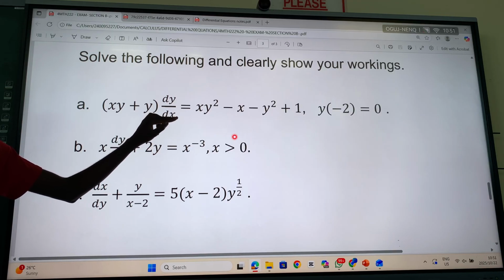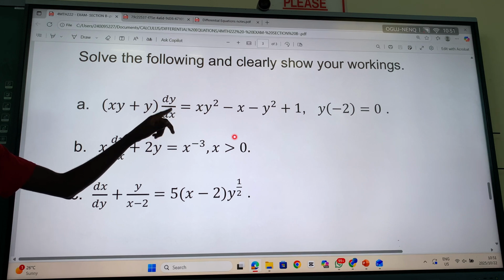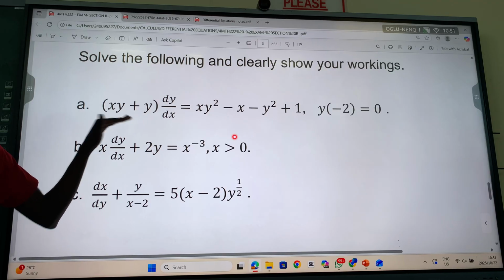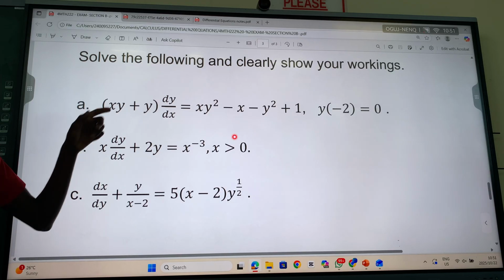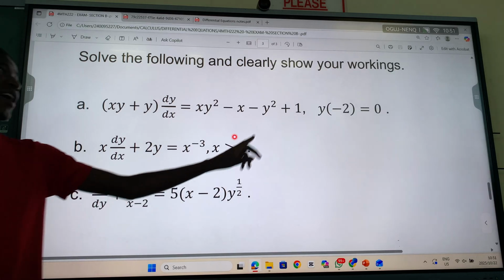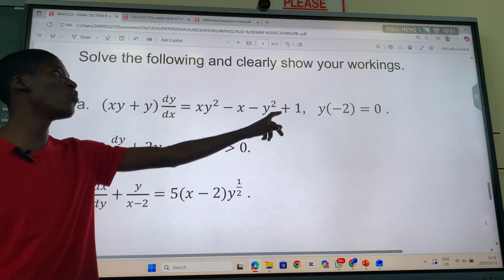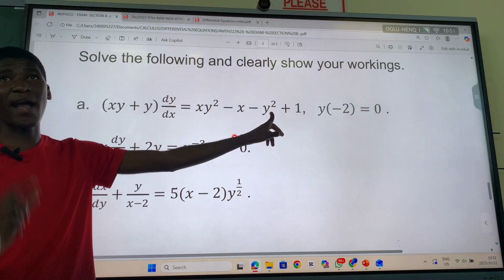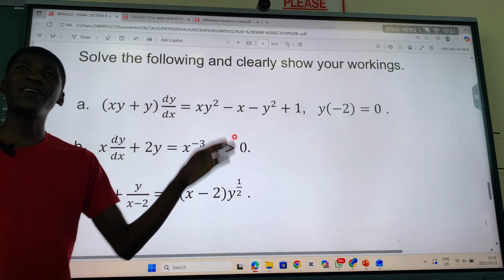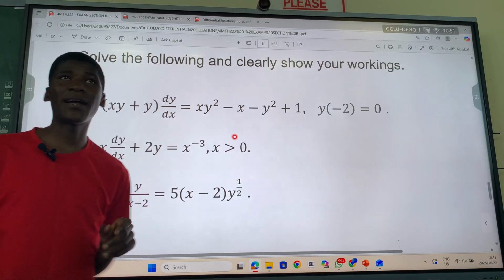But is it linear? It's not linear. What makes this equation not linear? Y squared. In the whole equation, y must be raised to the power 1. So don't start doing what we were doing here in case number 1.